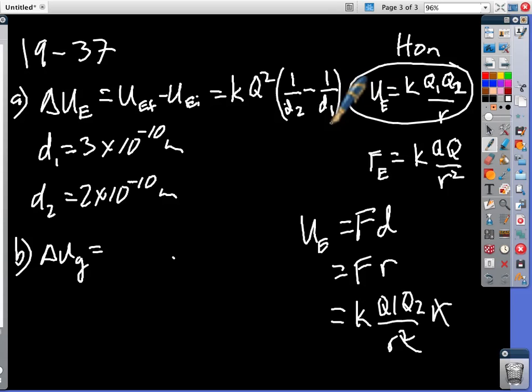Did you see what I did there? I just extracted that thing because it's final. This is final D2 minus initial, and so then you get whatever you got there.